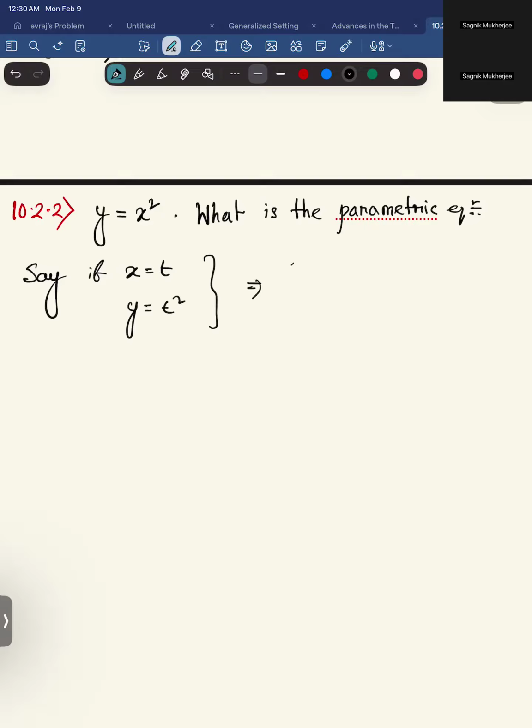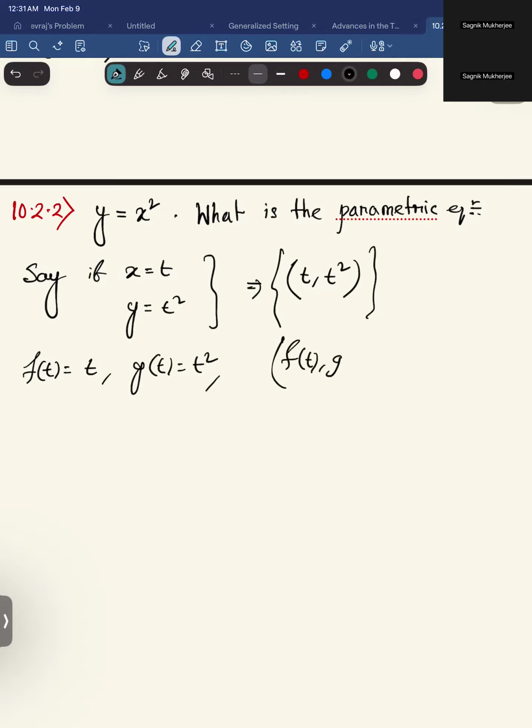So the parametric equation is t comma t squared, right? So f of t is t, g of t is t squared, and your parametric equation is f of t comma g of t.